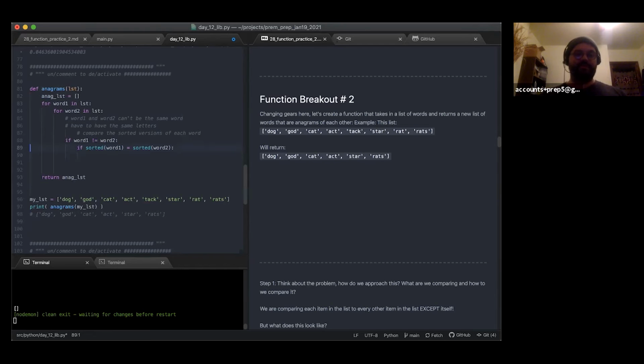So what do I want to do if the sorted versions are equal? You want to append, yeah. Check if you already add the item to your list. Aha, yeah, that was the third criteria that I was going to get to here.